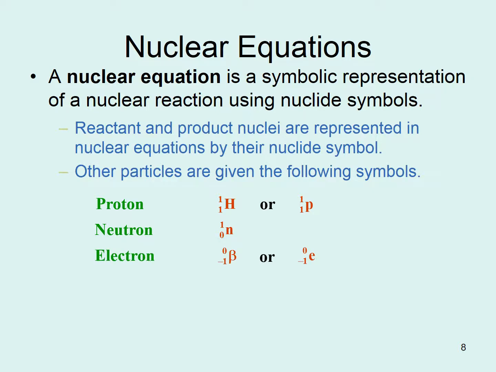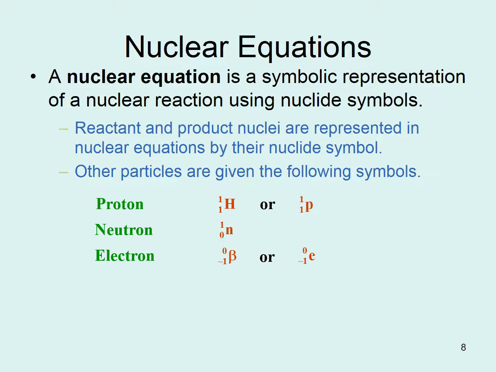An electron can be written as it is on the right-hand side, with the e symbol. Of course, it has no mass at all, so 0 on the top number, and it's not totally intuitive, but it has -1 proton, so we put the -1, and you'll see when we balance these equations how it works out. You just need to remember that the electron has a -1 as its bottom number.